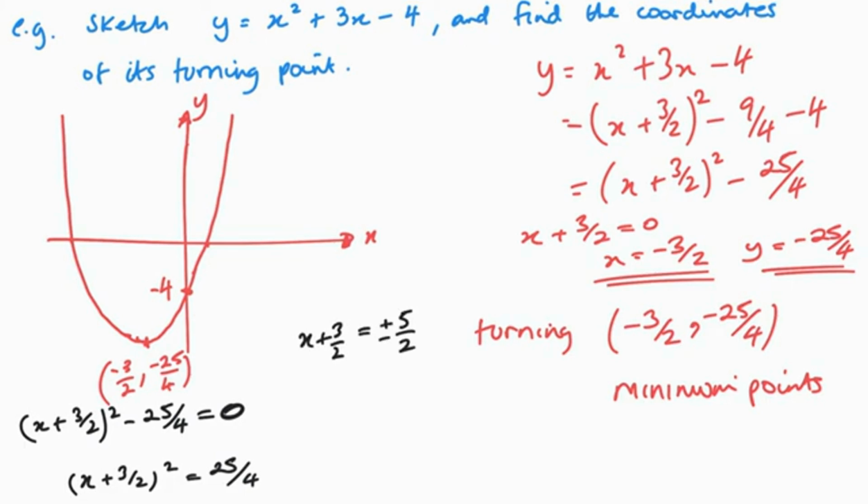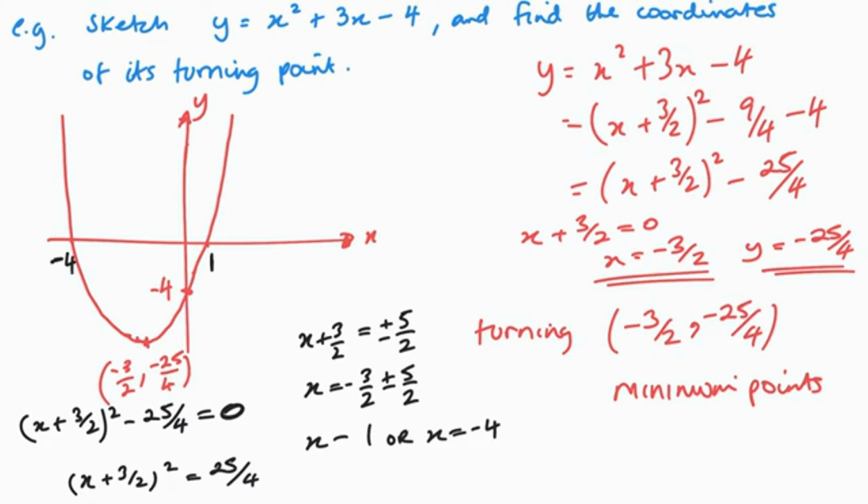Not forgetting my plus or minus. x will equal minus 3 over 2 plus or minus 5 over 2. That means that x is 1 or x is equal to negative 4. As of course we've got minus 1.5 plus 2.5, which is 1, minus 1.5 minus 2.5, which is minus 4. And then I can obviously put these values on my graph, and there they are.